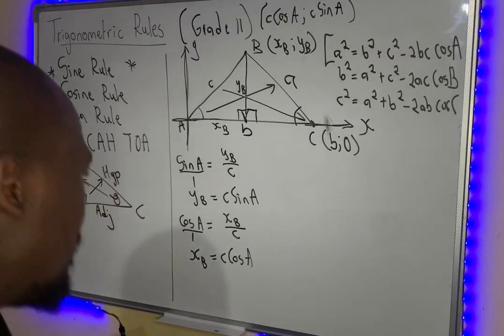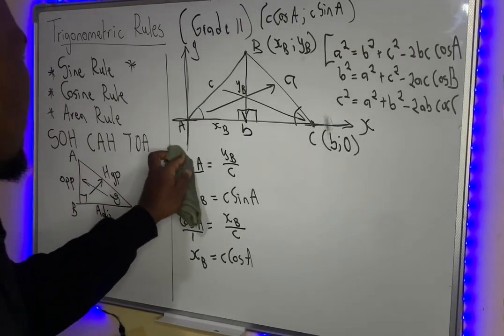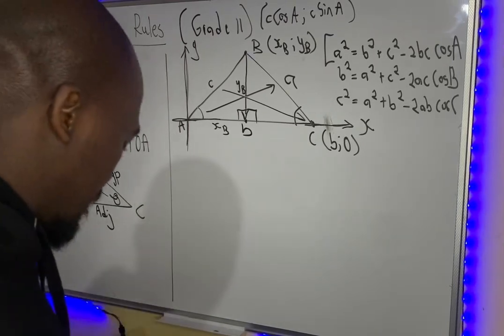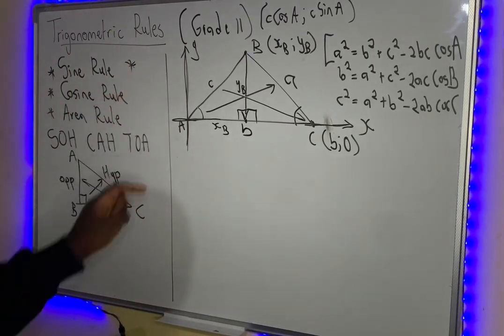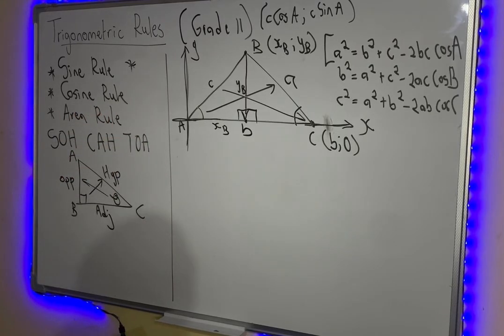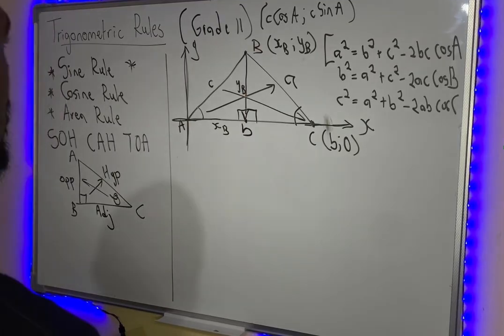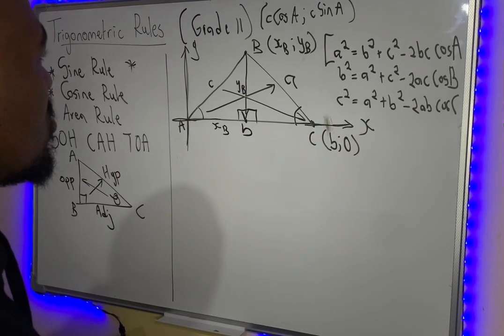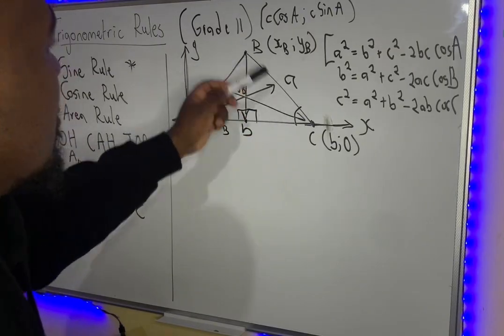Now I'll have to remove this part here so that I can get more space. Once you have sine A as well as cos A there, we're done having those coordinates of B. Now what we are supposed to do is to find the distance here.